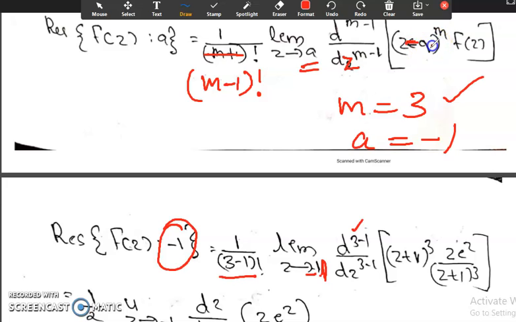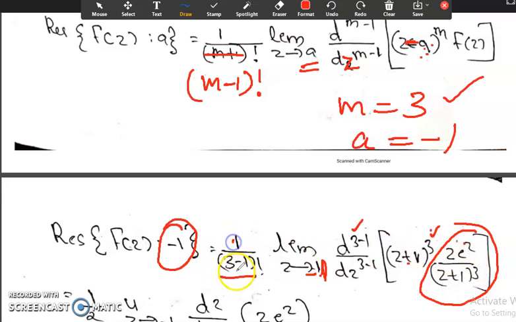Then here z minus a is z minus (-1), so (z plus 1) the whole cube, whole power m. This is our f of z, that is our question, z e power z by (z plus 1) whole cube.